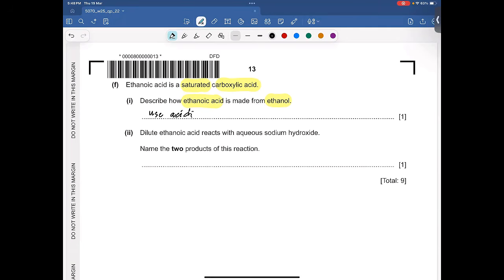Use acidified solution of potassium manganate 7. Instead of writing this, you can also write bacterial oxidation.